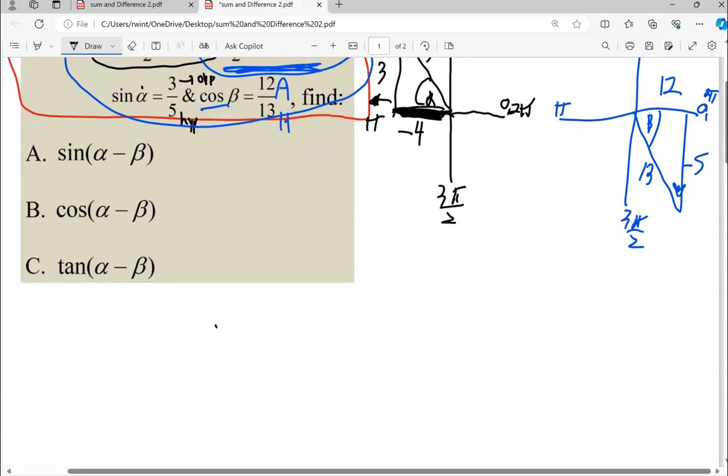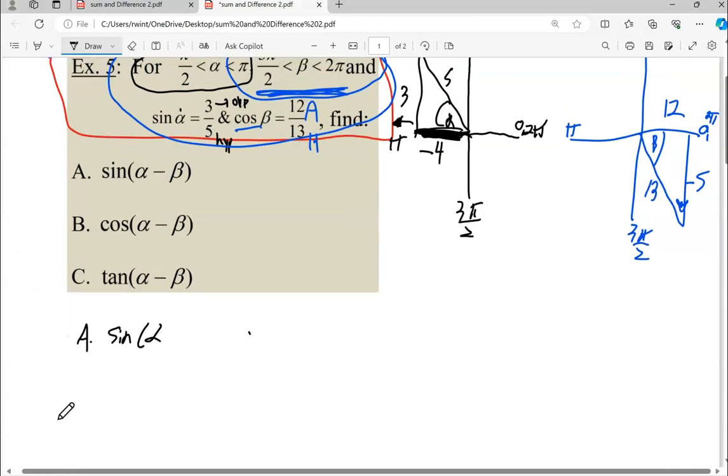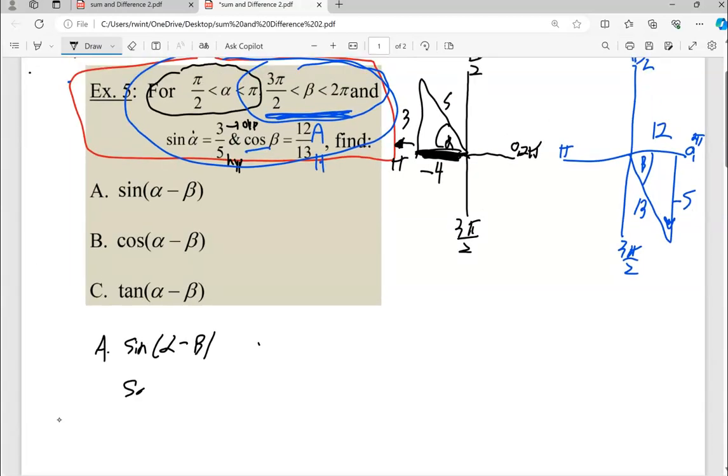Let me show you. If I'm doing a question like part A, sine of alpha minus beta, to do it I'm just going to use my identity. I like singing songs for this: Old Man Winter had a sine, cosine, cosine, sine.